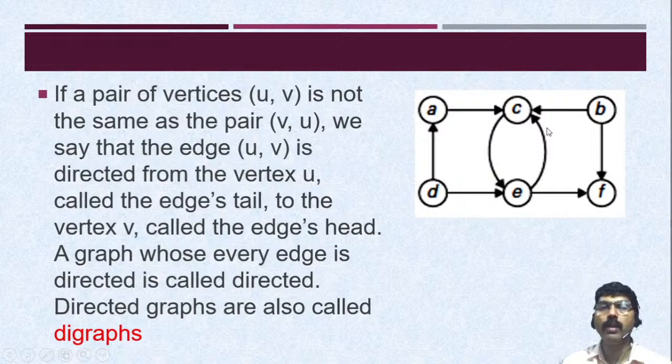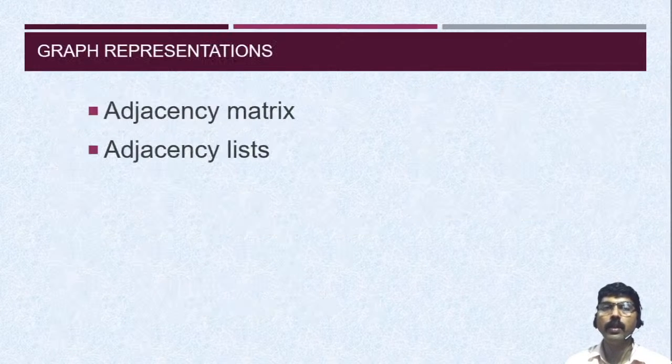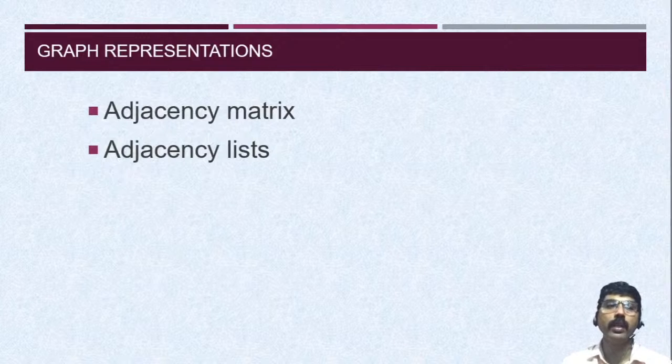We have to convert that picture into a computer-understandable format. We can do this using two techniques: the adjacency matrix and the adjacency list. A graph can be represented in a computer using these two techniques.